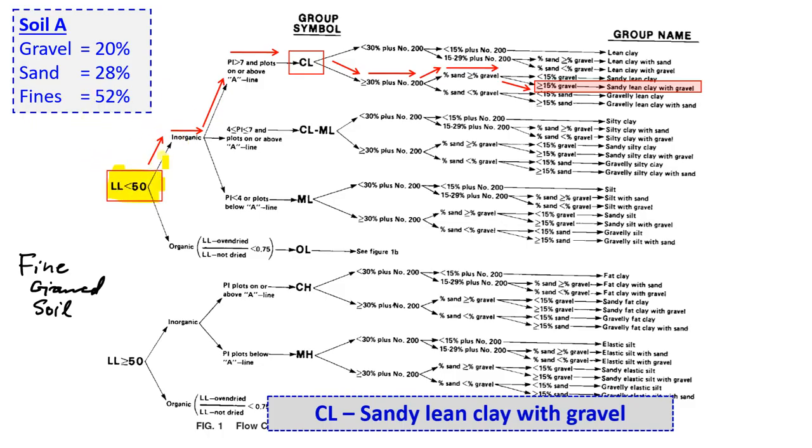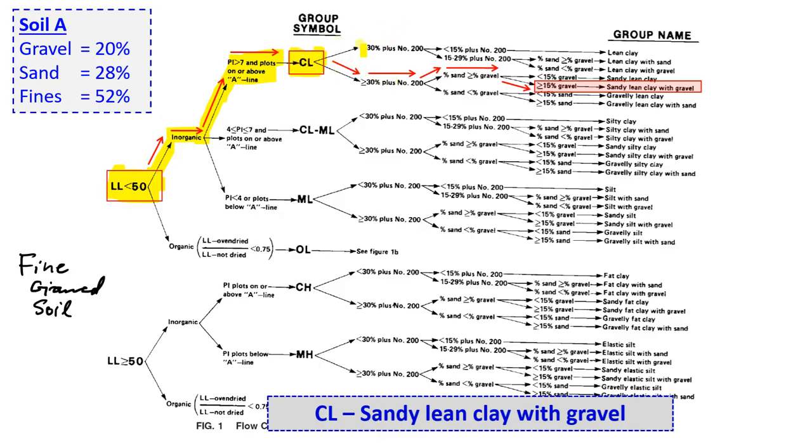We are always going to be dealing with inorganic unless there is an organic soil. Now here there are three possibilities. Plasticity index is more than 7 and it plots above the A line. We know that it plots above the A line, so we are going to go like this. Actually our soil is lean clay, but now we have to look at some more details.